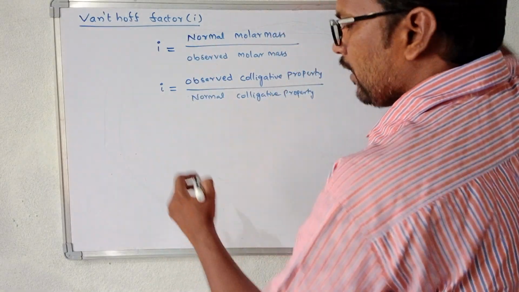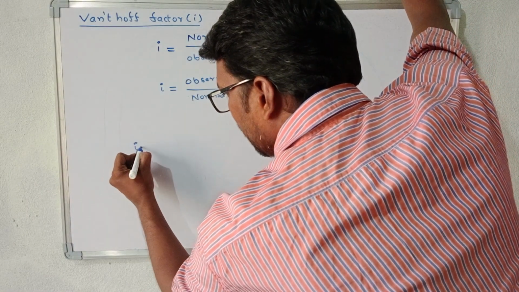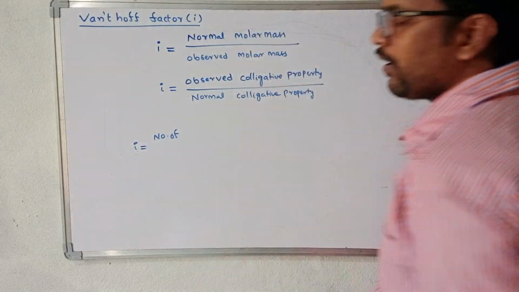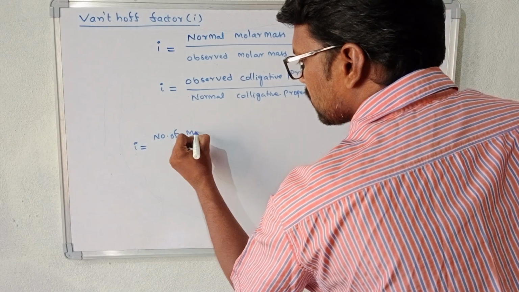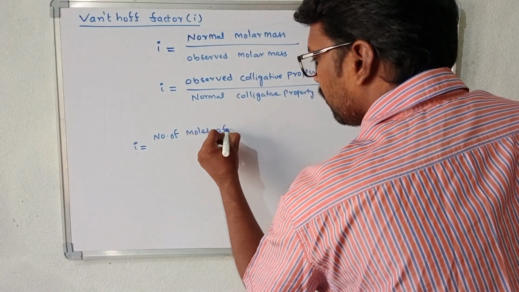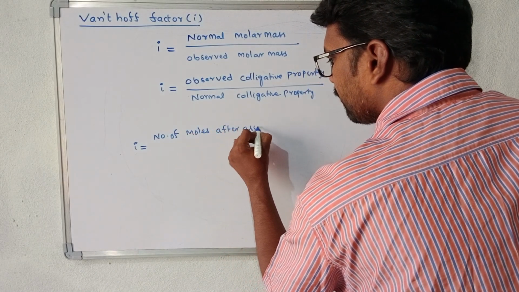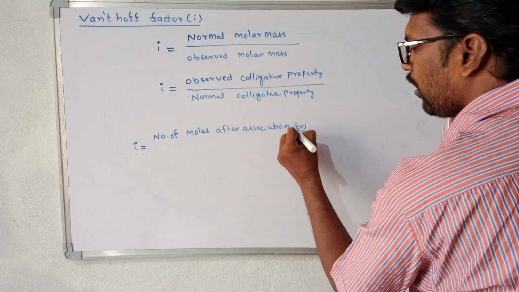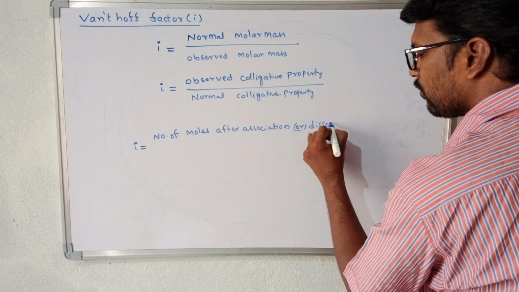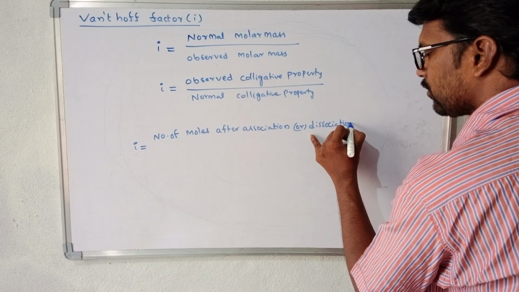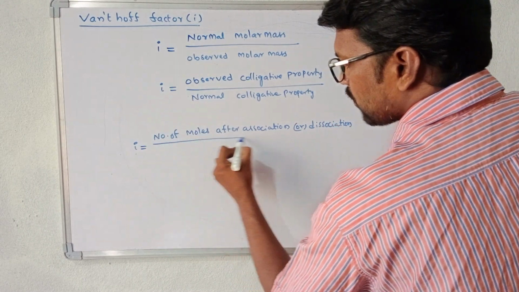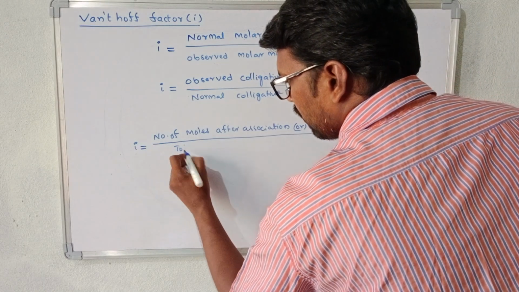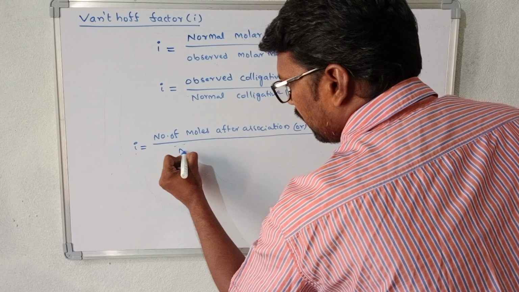Another relation we have to use is in terms of moles. i is equal to the number of moles after association or dissociation, divided by the number of moles initially taken.